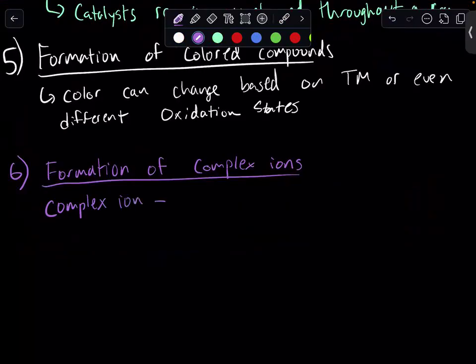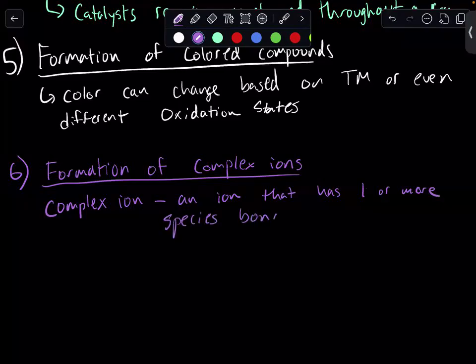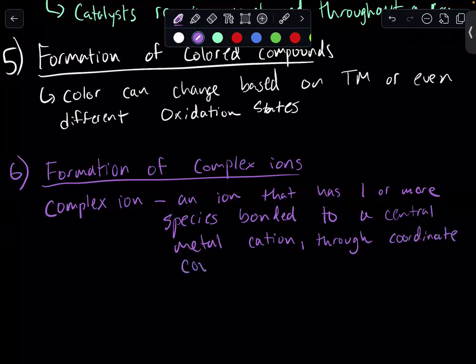We know that because it's an ion, but it's an ion that has one or more species bonded to a central metal cation. So a central positive metal ion, it's usually going to be a transition metal. And this will be through what we call coordinate covalent bonds. We also just say coordinate bonds.